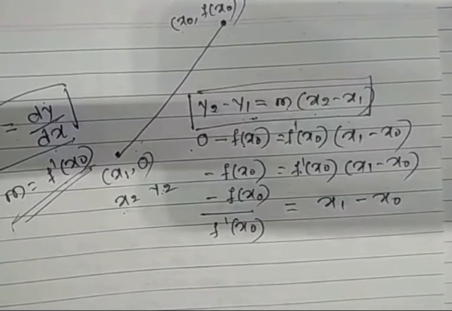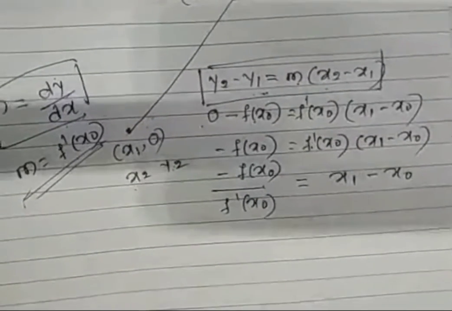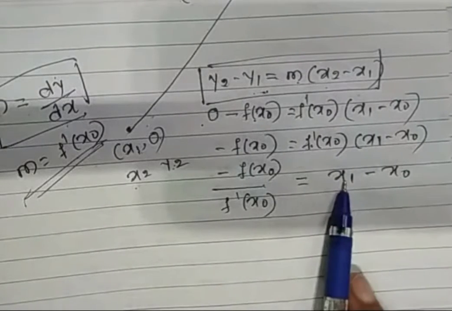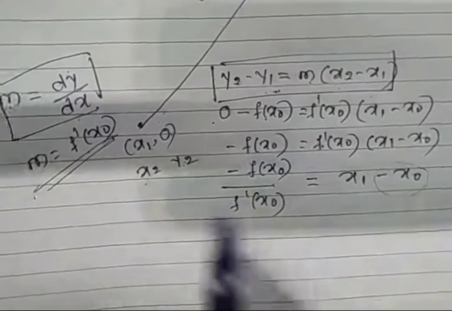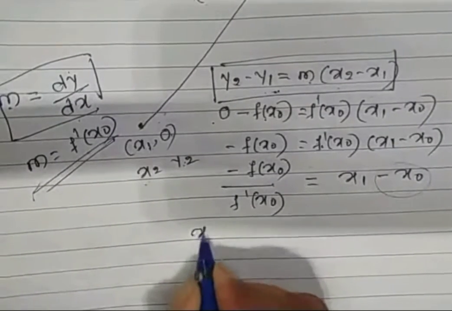So what we are calculating here is the first approximation. First approximation means x1. For that, take this minus x naught to the left side, then it will be plus x naught.